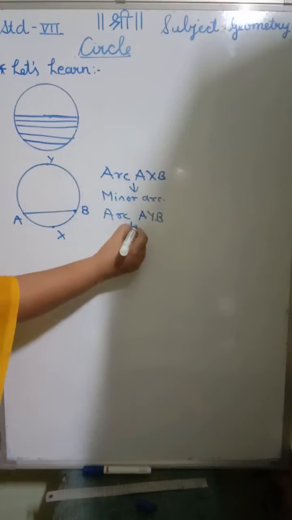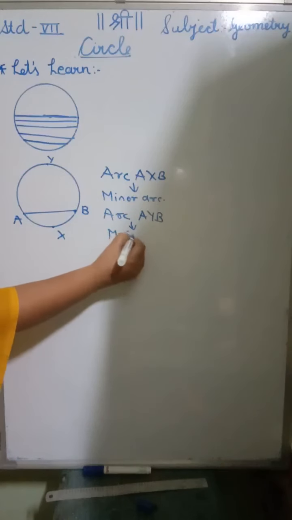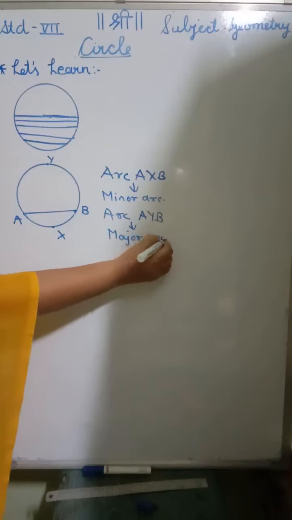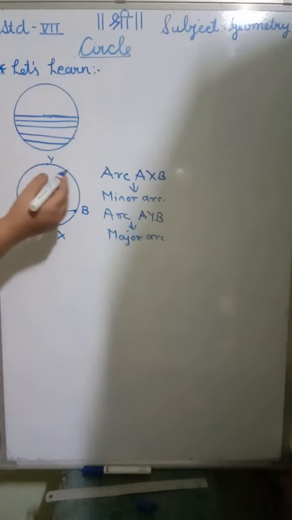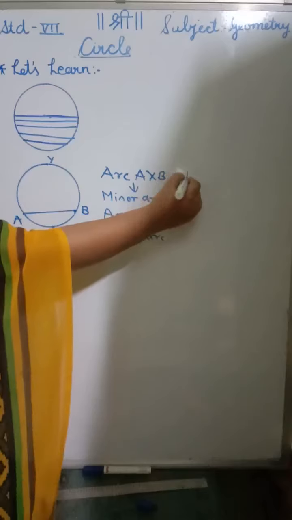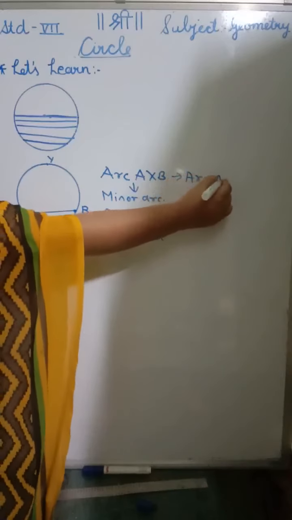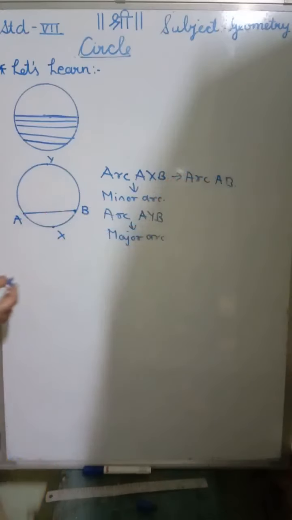Therefore it is called the major arc. And children, the minor arc is also expressed as arc AB. Did you understand? So here, because of this chord, we get two arcs. One is the minor arc and the other one is the major arc.